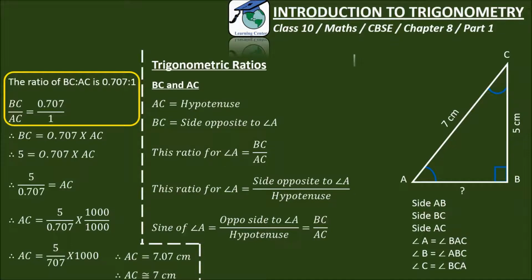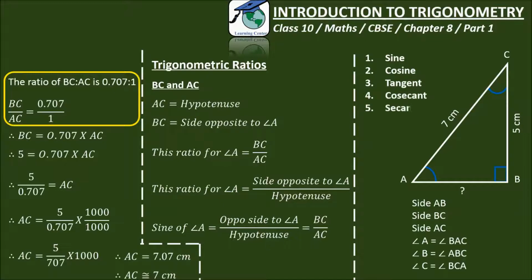Total, there are 6 trigonometric ratios in this chapter. First we have seen it is sine, second is cosine, third is tangent, fourth is cosecant, fifth is secant, and sixth is cotangent. We will learn about all these ratios in detail, but before that, let us understand why these trigonometric ratios are so important.